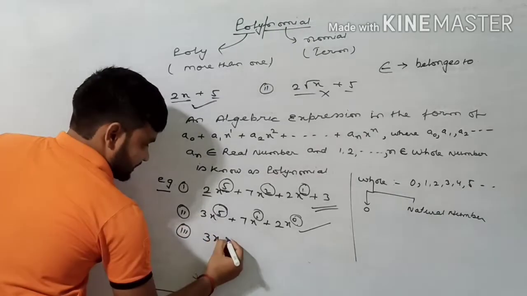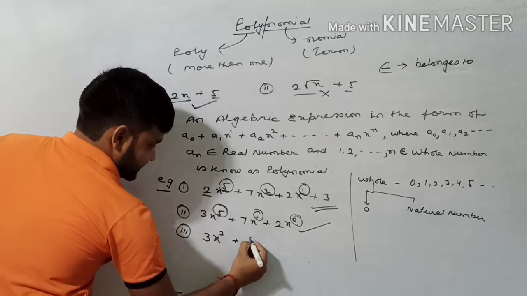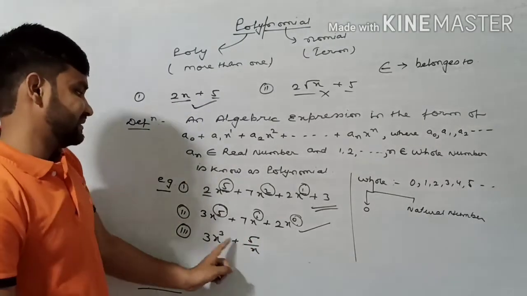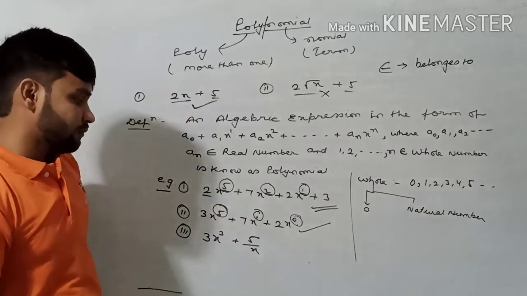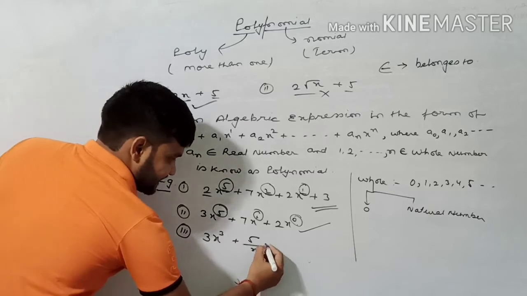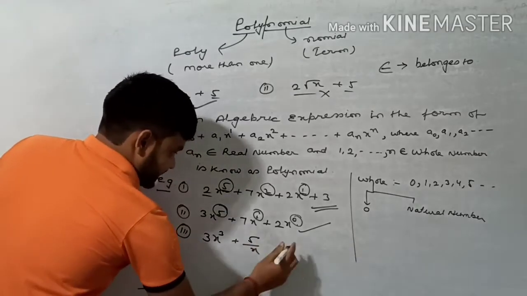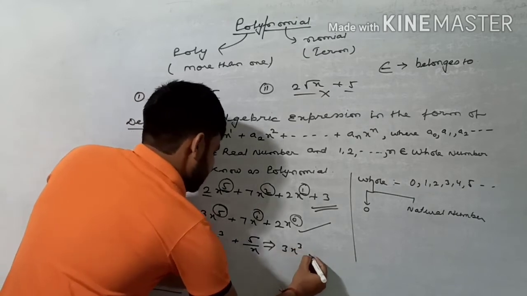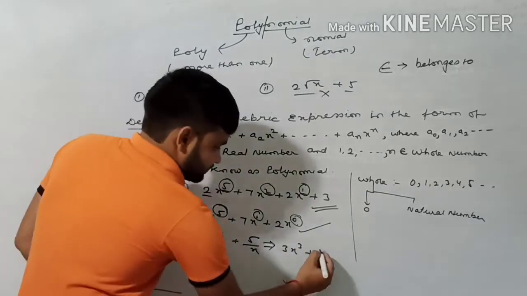Third example is 3x to the power 3 plus 5 by x. Is the given expression a polynomial or not? Rewriting it, we get 3x to the power 3 plus 5 over x.